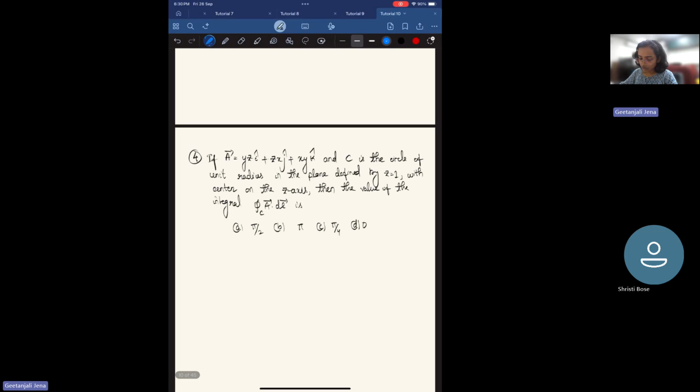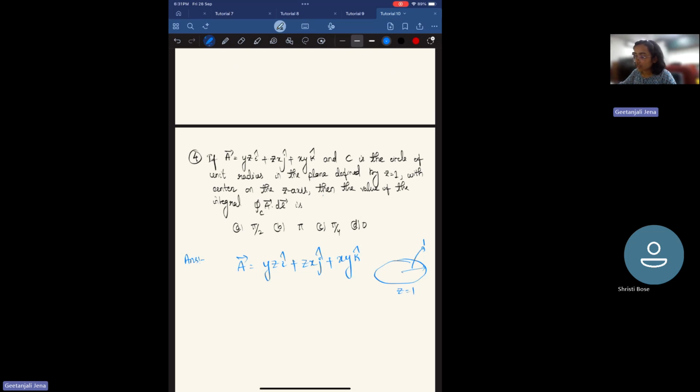Okay. So let us see question number 4. For question number 4, we have a vector potential which is given as y z i cap plus z x j cap plus x y k cap. And C is a circle of unit radius in a plane defined by z equal to 1, with its center on the z-axis.